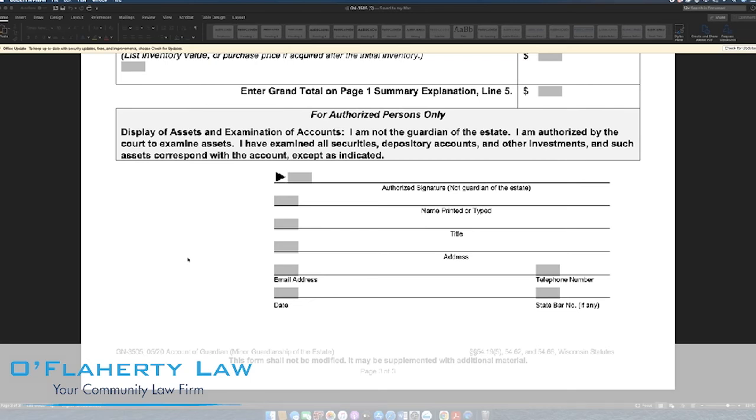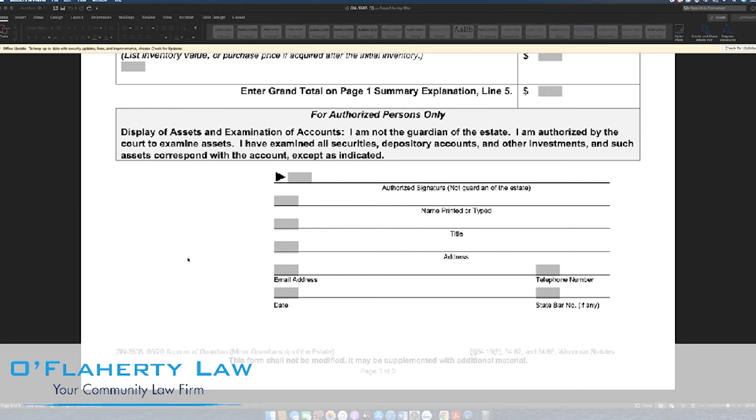Again, if you find yourself feeling overwhelmed by all of the financial information that you have to provide to the court and you're concerned about its accuracy and you're not sure what to do, you should get an experienced Wisconsin attorney involved so that you can make sure that not only is the minor ward being properly taken care of, but that you are free from any kind of questions that may pop up in the event that maybe you recorded something wrong or didn't understand how it all fit together, which is not unusual.